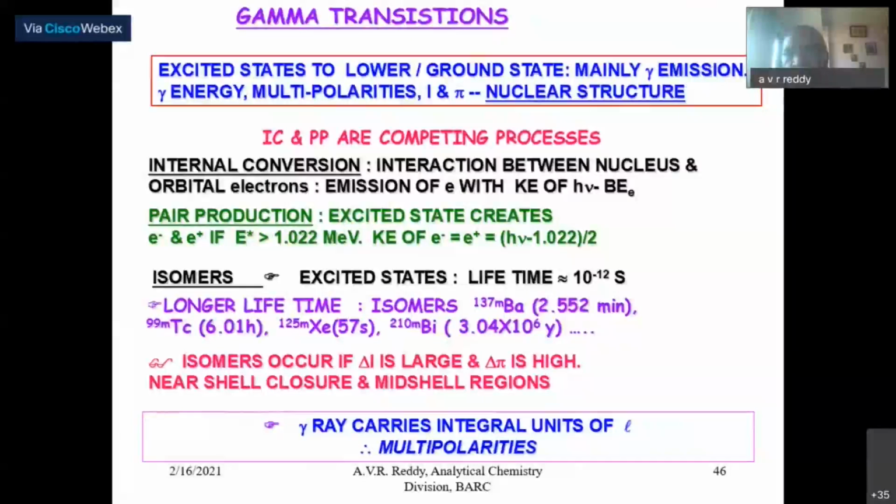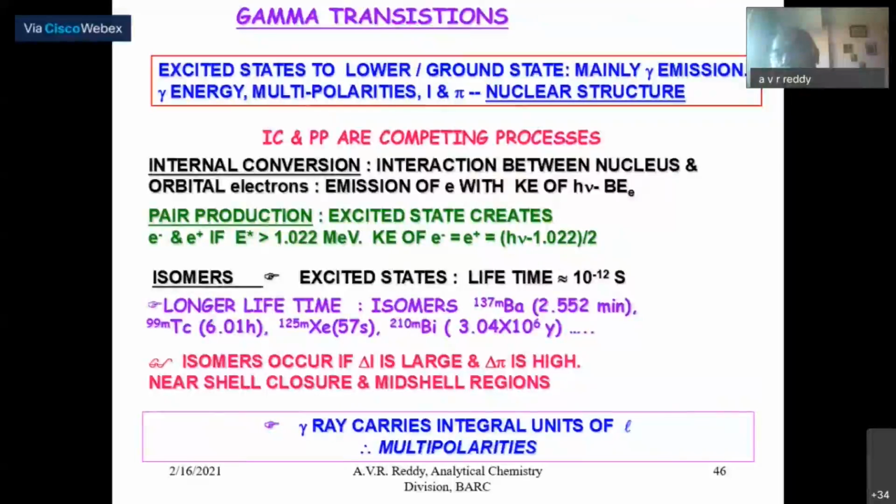There is a possibility that this energy can be utilized to emit an electron. What we call, in earlier days people used to call it internal conversion, as if the gamma ray is converted to an electron.